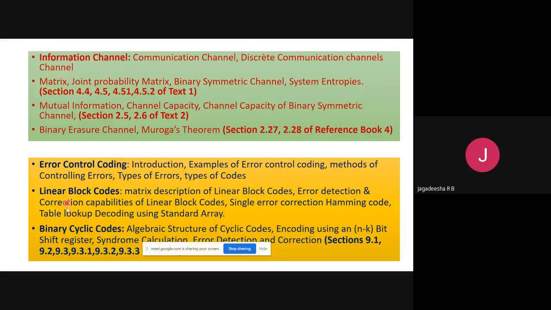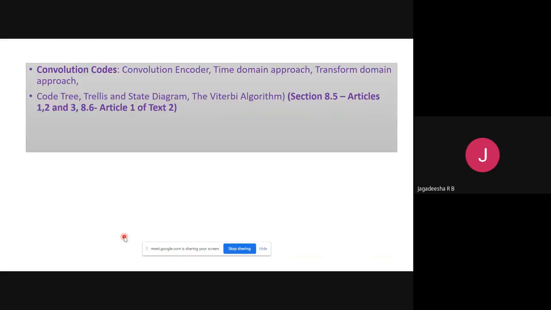So we have different ways of doing that. One is called linear block codes, where the information is considered as a block, that is a set of messages, or binary cyclic codes. That's another way of representing the message when it is transmitted through the channel, and so on. And in the fifth module, that's the last module, we have convolution codes.